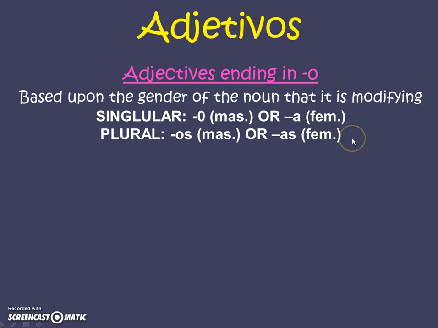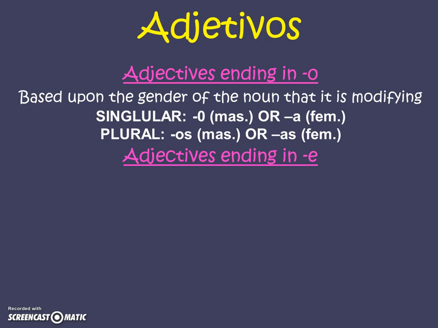Now, to add something new, we are also basing this upon the number of the noun that we are describing. So, if we are describing boys instead of boy, our adjective has to be plural because our noun is plural. So it has to agree in gender and in number. Okay, and we're going to go through some practice in just a minute.